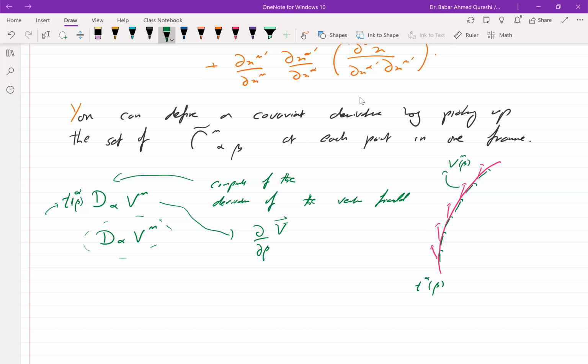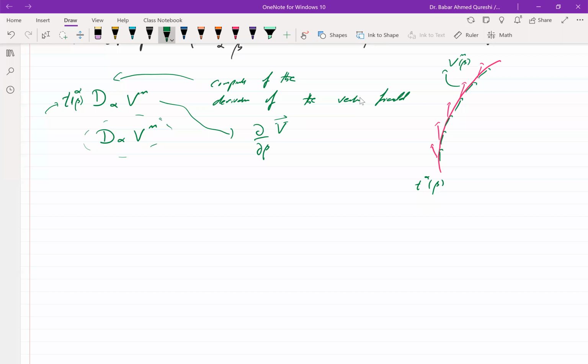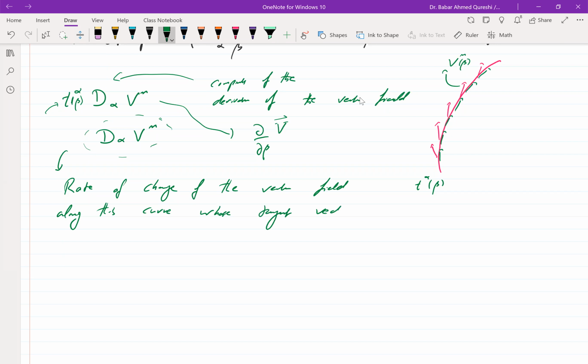So this is the rate of change of the vector field along this curve. Which curve? The curve whose tangent vector components are these guys.